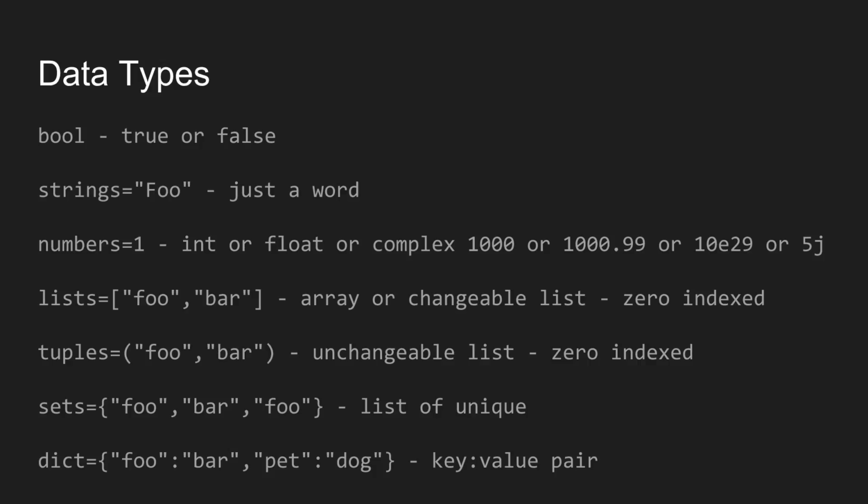Numbers are assigned a particular data type, int, float, or complex. You don't have to cast it as an int or a float or a complex.